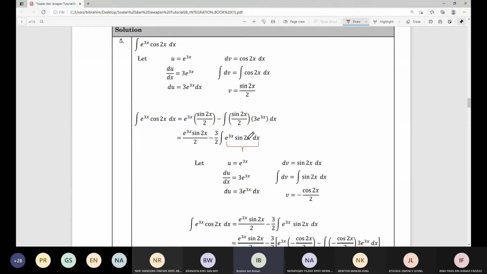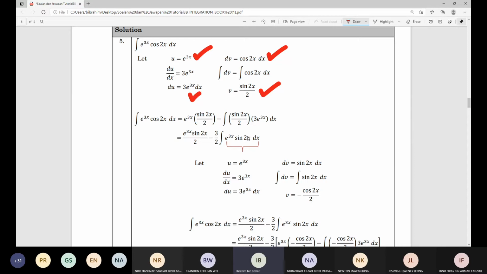So u equals e to the 3x, and du over dx equals 3 e to the 3x, and du equals 3e to the 3x dx. And dv equals cos 2x, and integrating, v equals sin 2x over 2.